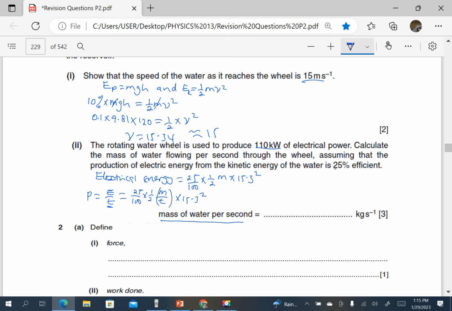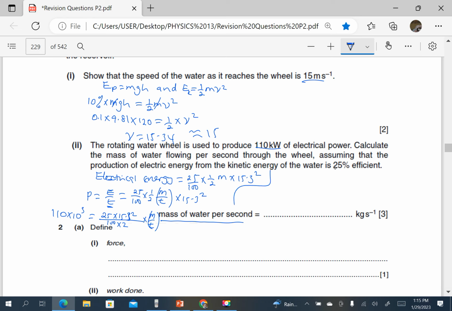So the power is given as 110 kilowatts. So I will say that 110 times 10 to the power 3 is equal to 25 times 15.3 squared divided by 100 times 2, times mass over time.